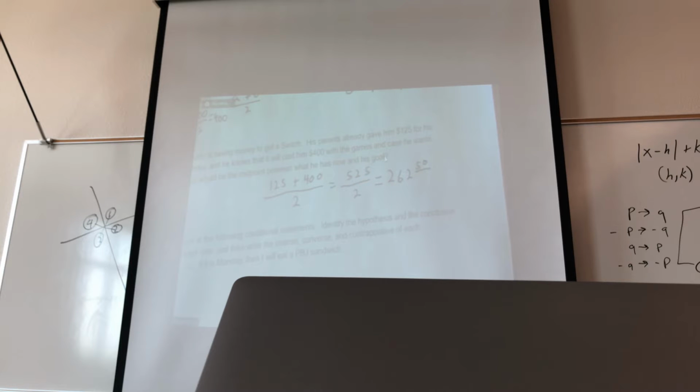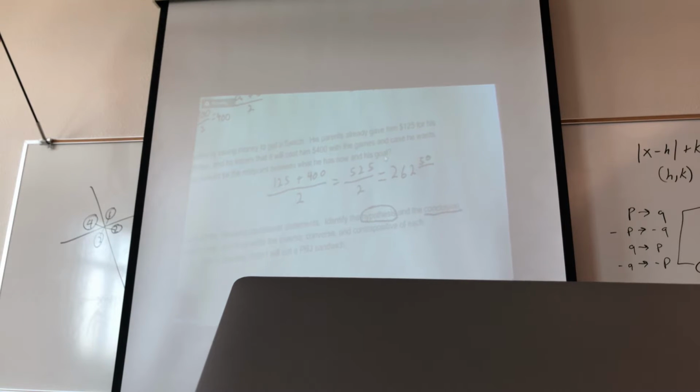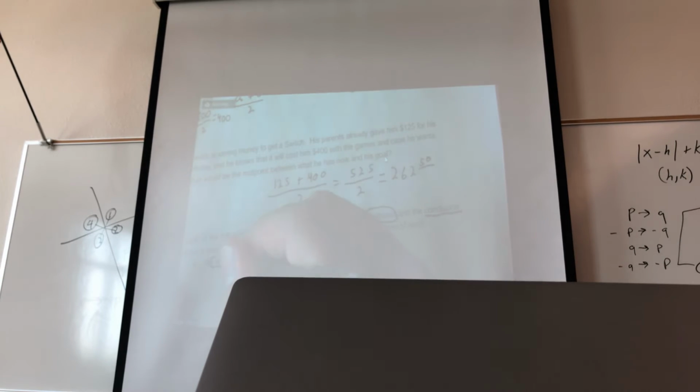On number 4, the conditional statements, identify the hypothesis. I'm going to circle the hypothesis. And the conclusion, I'm going to underline the conclusion of each one, then write its inverse, converse, and the contrapositive. If it is Monday would be my hypothesis.